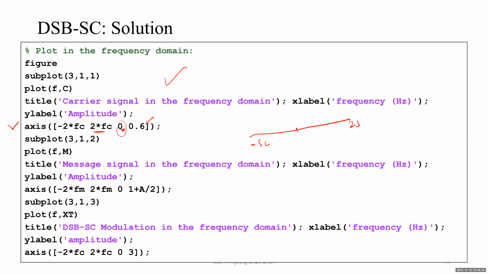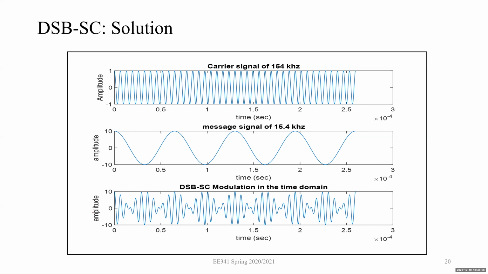So this will define my axis. Then this will give me the carrier fc. Then this will give me the frequency domain representation of my message signal. This will give me the frequency domain analysis of my transmitted signal.